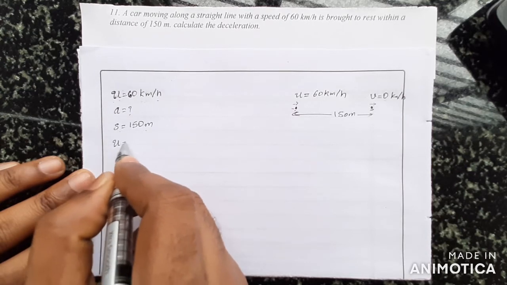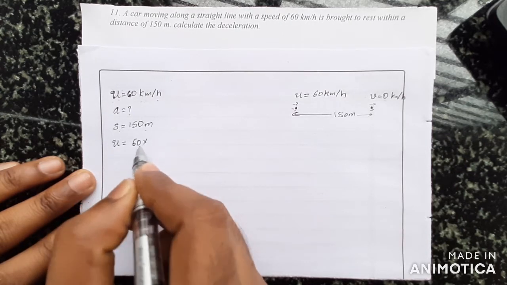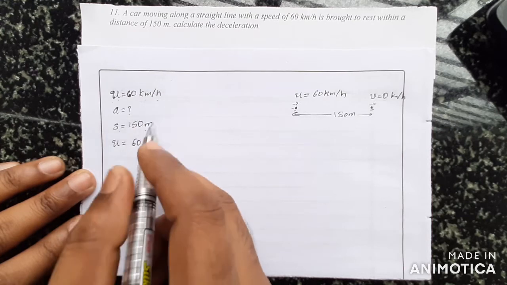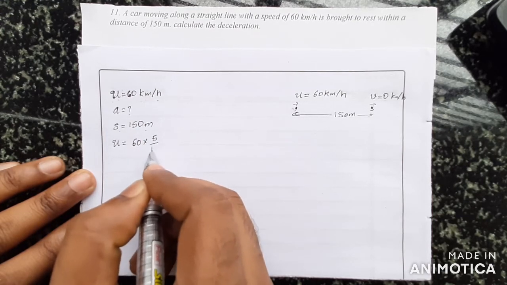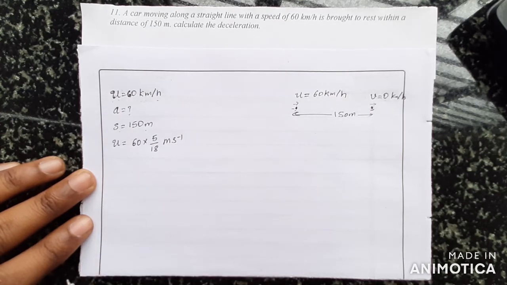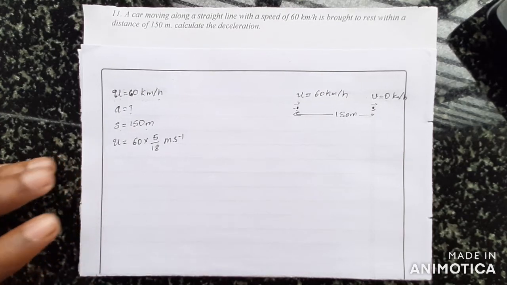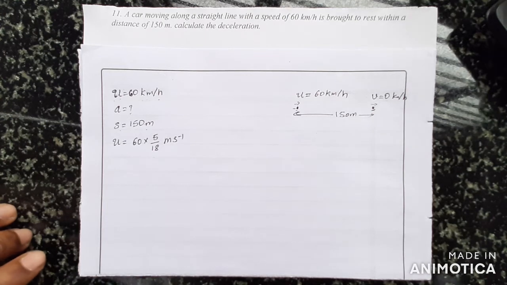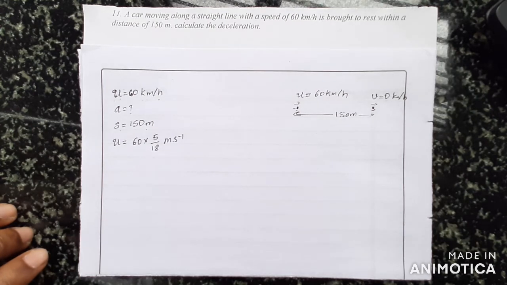So, u will be equal to 60 into, what is 1 kilometer per hour? 1 kilometer per hour is 5 by 18 meter per second. In the last session, we discussed the conversion factor, right? The conversion factor is 5 by 18.